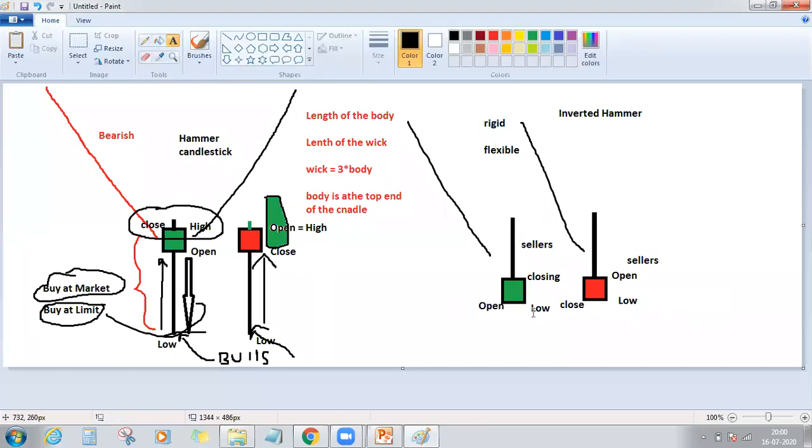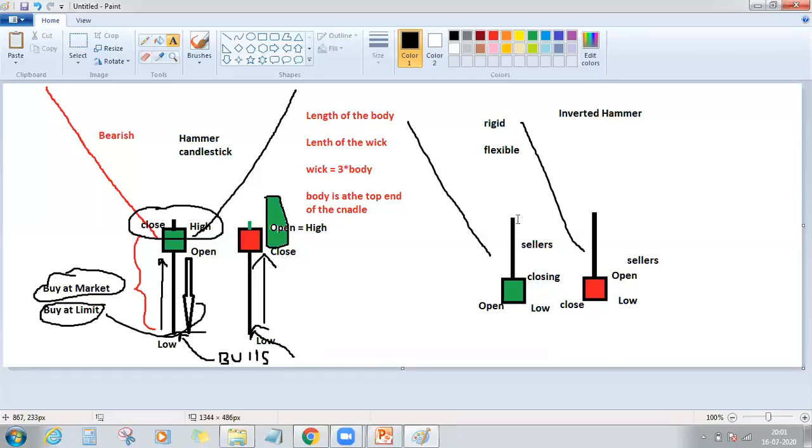Now what is the psychology on this particular day? Even here the prior price action is bearish, even here the prior price action was bearish. Now here the buyers waited until the price came down, only then they started showing their aggressiveness. Here in the inverted hammer, starting from the opening session, buyers started exhibiting their strength.